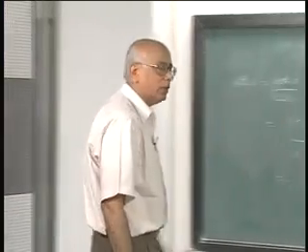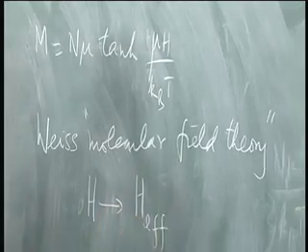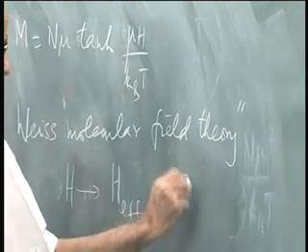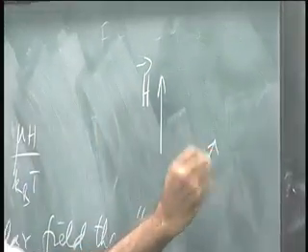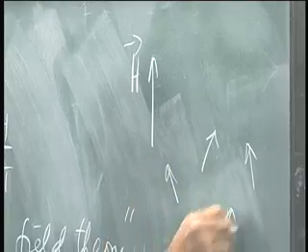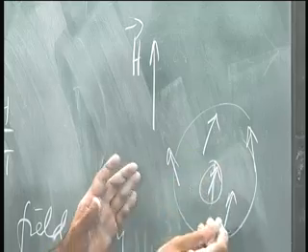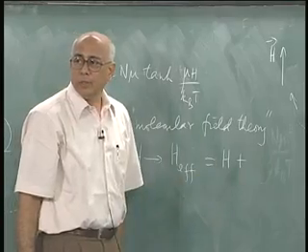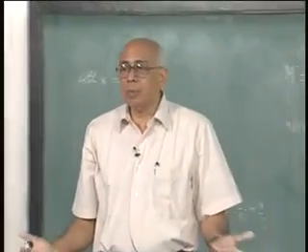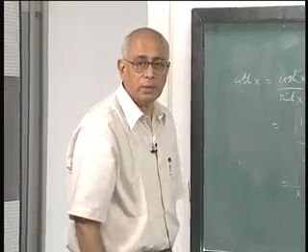It gets added to this H. So replace H by H effective, which is equal to H plus a part which says, if this is the external field H and you have a dipole moment surrounded by other dipoles, these others produce on your given dipole moment an effective field which tends to align it. It adds to the external field, and it will be proportional to the magnetization itself, to how much of it is already magnetized.